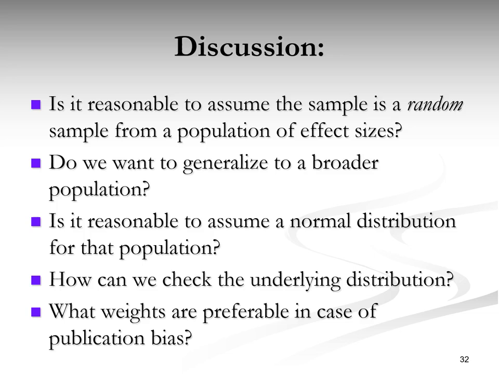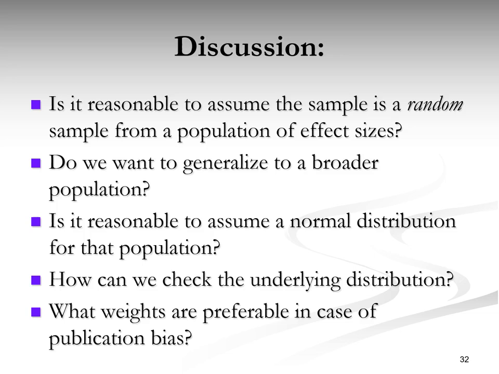So therefore, the problem of publication bias will have a larger effect on the results of our meta-analysis if we are giving relatively large weights to the small studies, which is done in a random effects model. In a fixed effects model, small studies are downweighted much more.